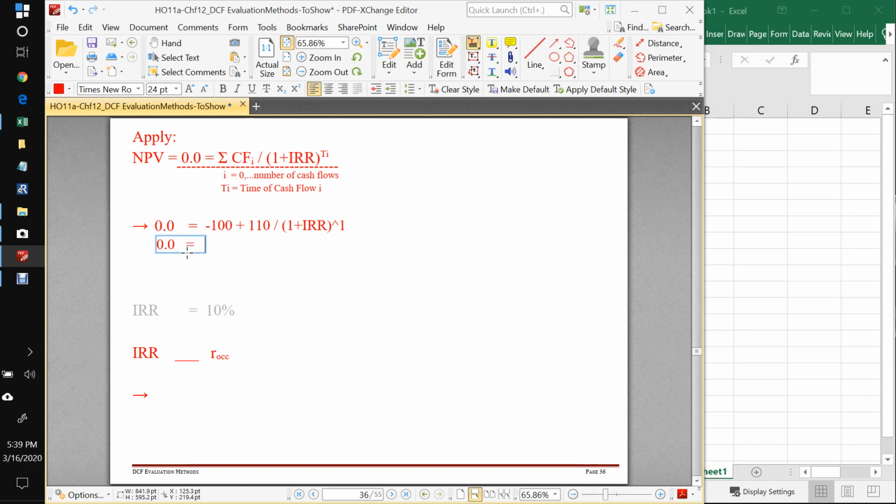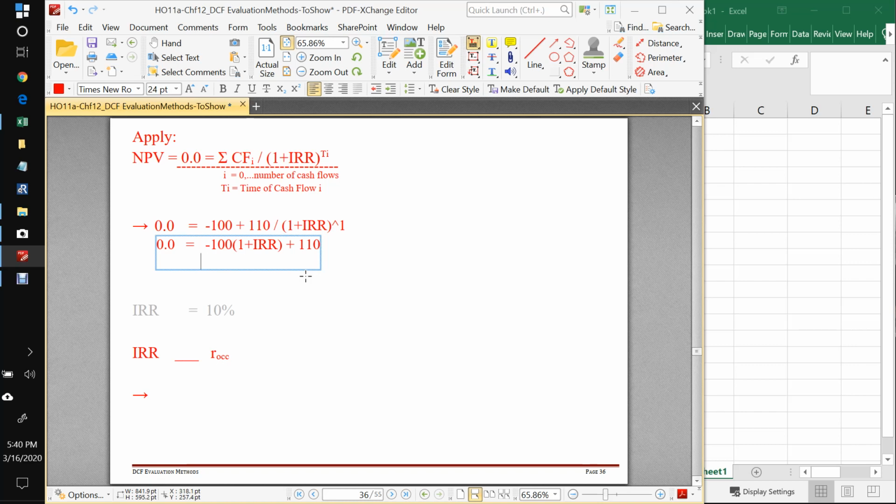0 is equal to what here? Let me just take another couple steps to do this. Minus 100 times 1 plus IRR plus 110. We'll just go slow here, one step at a time.